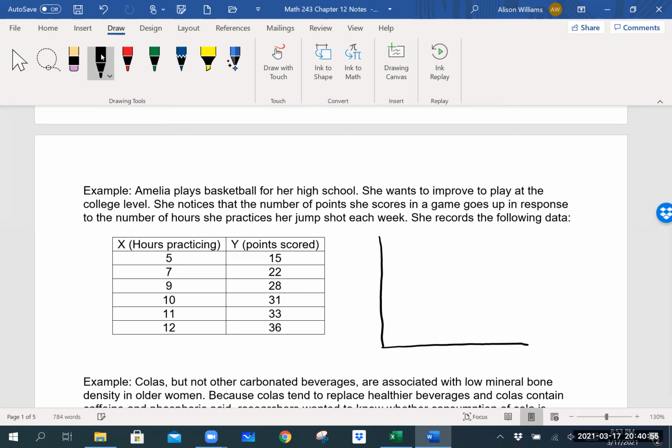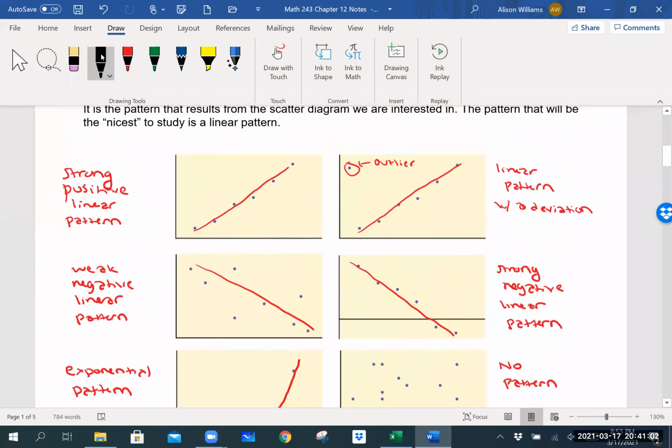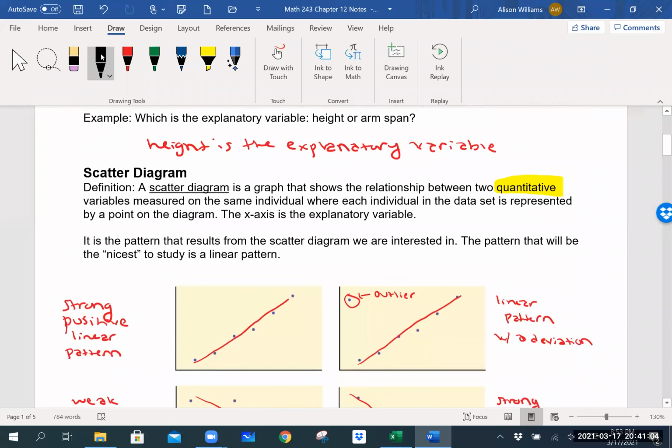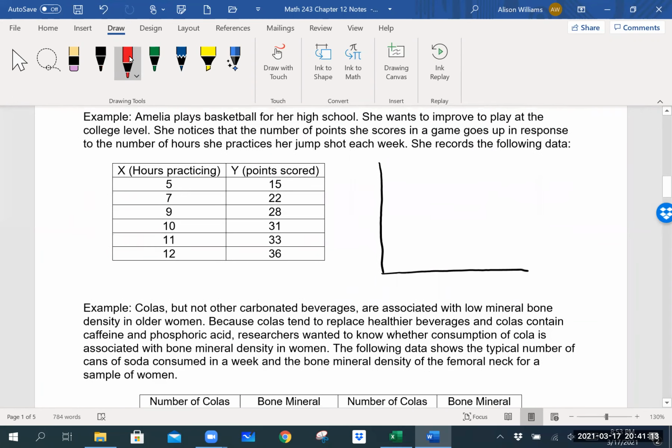So first, we need to make sure we label the X and Y axis. Earlier, I think I glossed over it, but let me come back up here. There we go. The x-axis is the explanatory variable. So we want to make sure that the explanatory variable is what we're calling the x values. Now, in this example, they've defined it for us, but it makes sense.